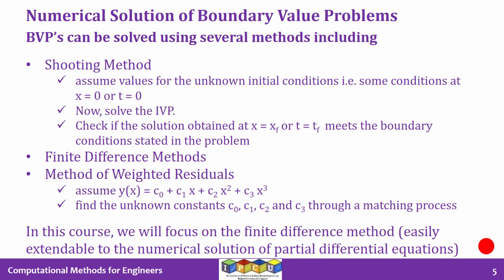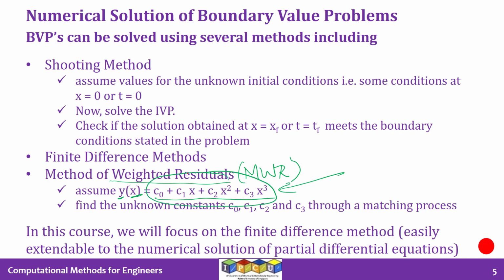The other technique that I mentioned here is what is called the method of weighted residuals, MWR. This method is quite elegant and powerful, but since we do not have time, I will not go into the details of that. But I'll just say that in this technique, what we do is we assume a form for the solution. So we are going to assume that the dependent variable is a function of the independent variable x via a relationship that is given like this.